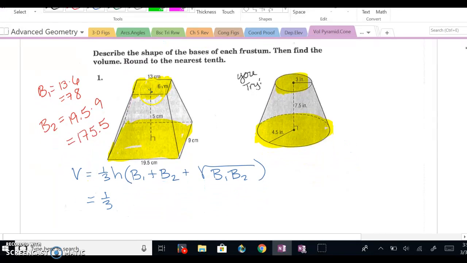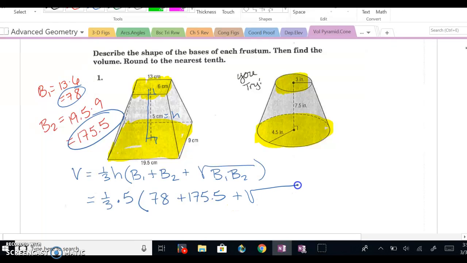Our height has to be perpendicular to both bases, so it's that 5 there. So 1/3 times 5, parentheses, B1 is 78, plus B2 is 175.5. We're pulling those from over here where we already calculated those, plus the square root of 78 times 175.5.